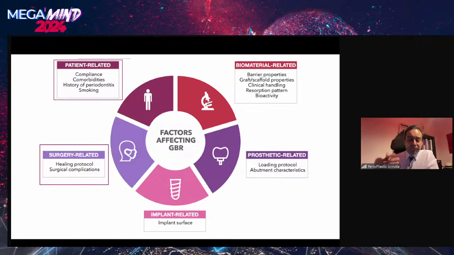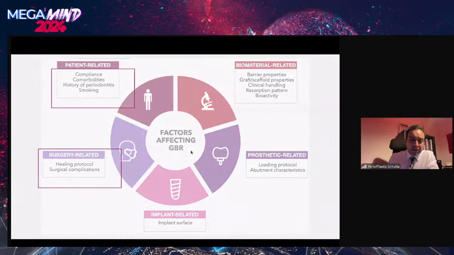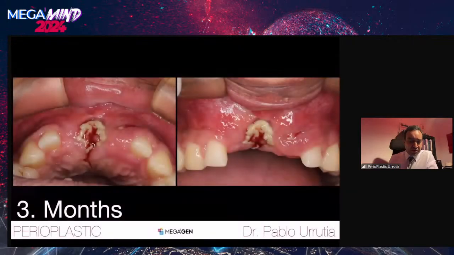So maybe we failed in something. Maybe he didn't see something, and maybe that was a key factor because I lost the follow-up of the patient for 1 month. Okay, but as the first surgeon, it was my responsibility too.